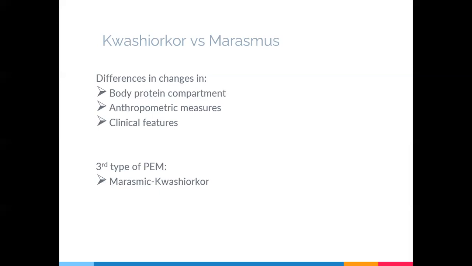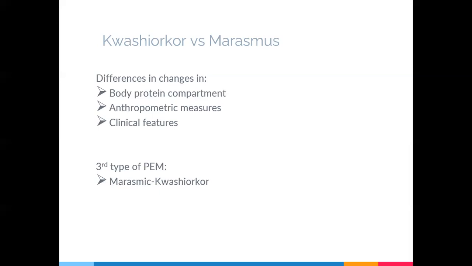So kaning marasmus usually may tabo ni siya during war, okay? Like mga emergency situations that would lead to total lack of calories. Okay? Then kaning marasmic kwashiorkor, if medyo magdugay no ang marasmus, then pwede siya mag-turn into marasmic kwashiorkor.